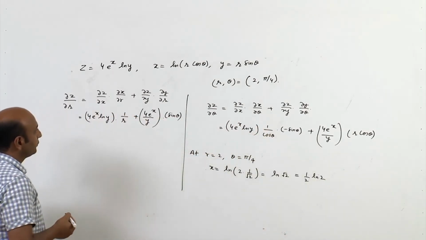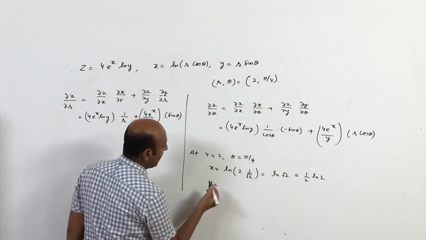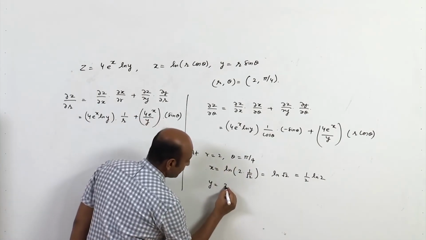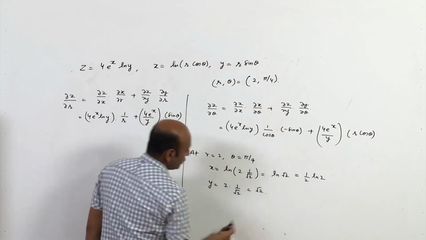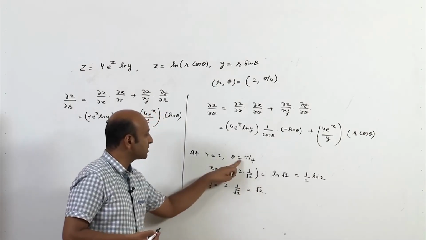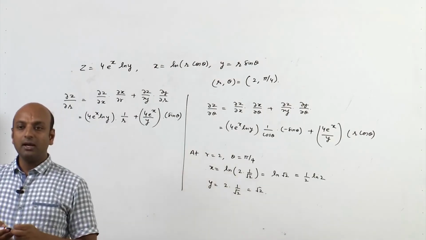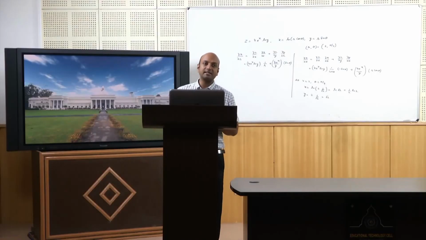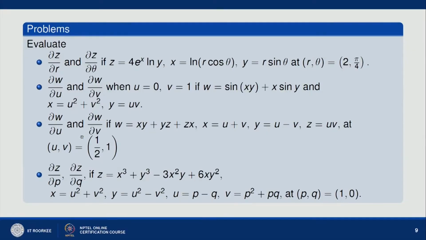Okay. And y is equal to r sin theta, r is 2, theta is this. So, it is 2 into 1 by under root 2, which is under root 2. So, you can simply substitute x equal to this, y equal to this, r equal to this and theta equal to this in this and this expression. So, we can easily find del z by del r or del z by del theta in the first problem. Similarly, we can solve the second and third problem also.